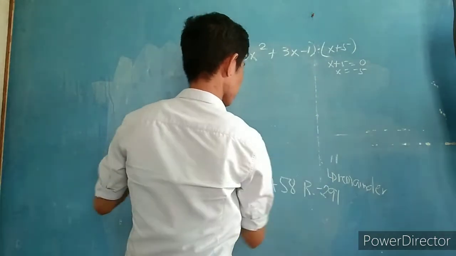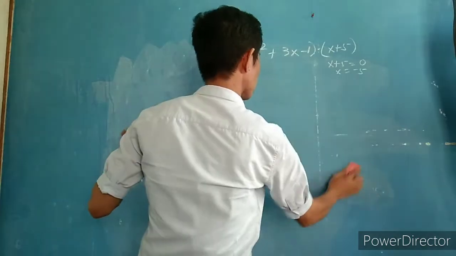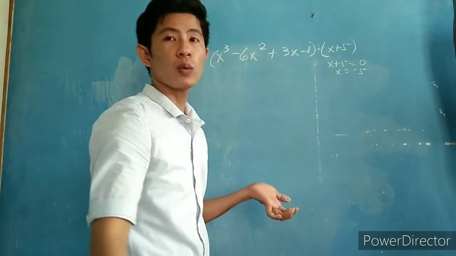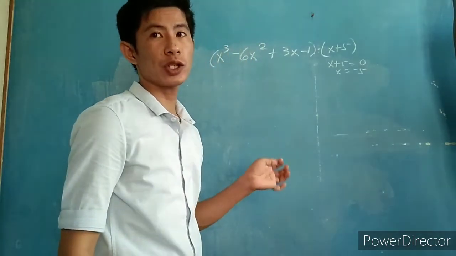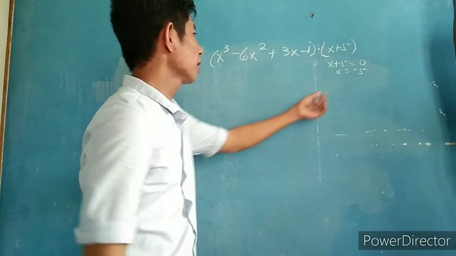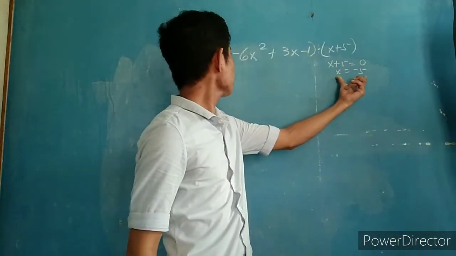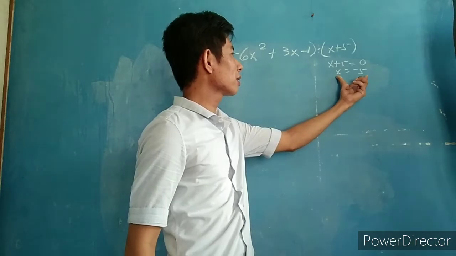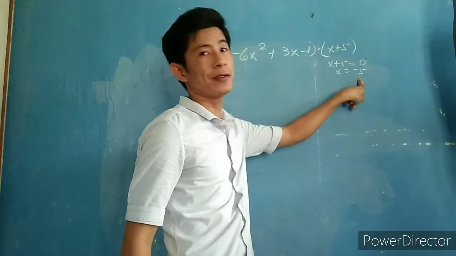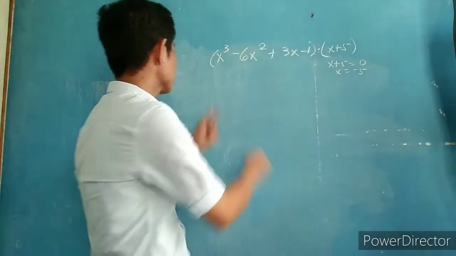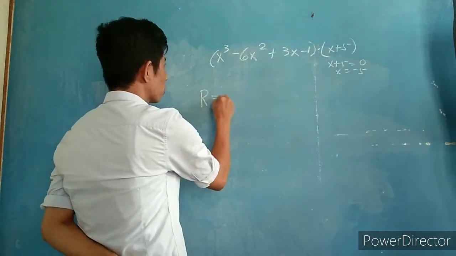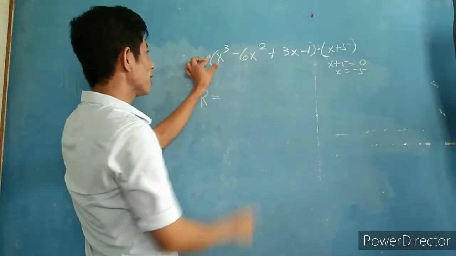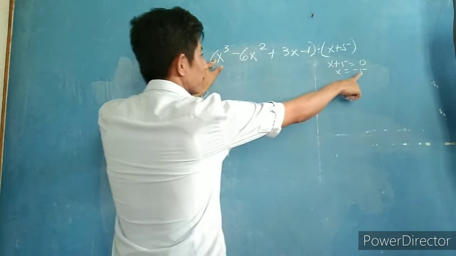We are going to find the remainder without doing the division process. As I've said, the test zero is negative 5, so we will replace all the values of x here by negative 5.